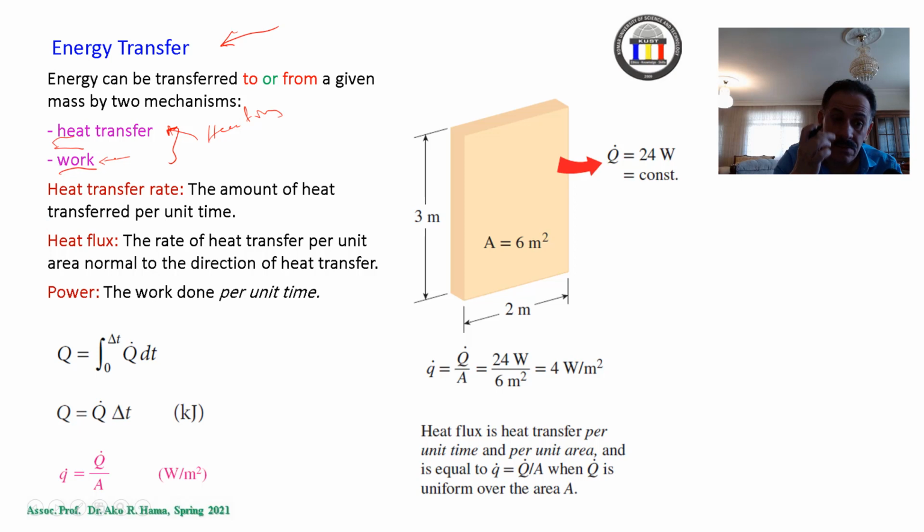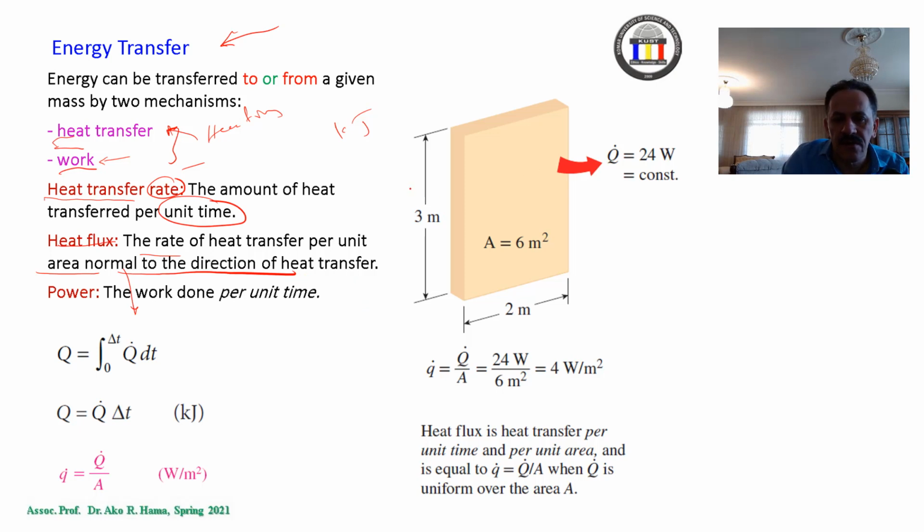Now the energy rate means how much heat is transferred per unit time, how many kilojoule have been transferred per unit time. Heat flux is the rate of heat transfer per unit area, normal to the direction. Normal means perpendicular to the direction of heat transfer.